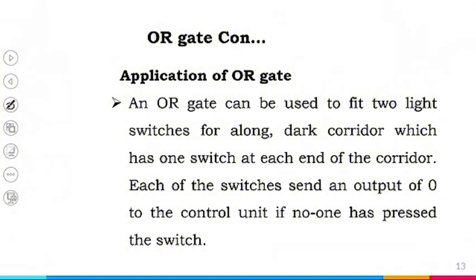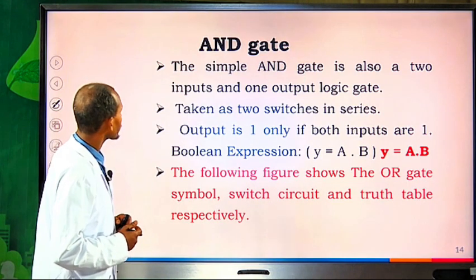Each of the switches sends an output 0 to the control unit if no one has pressed the switch. So this is one application, since to avoid the dark, we use this OR gate.